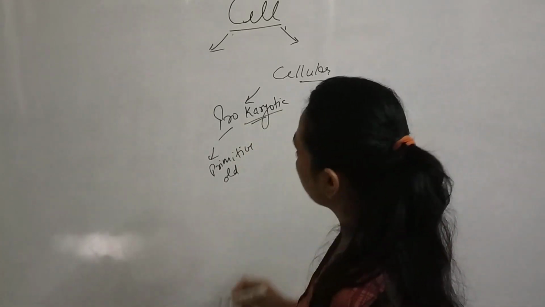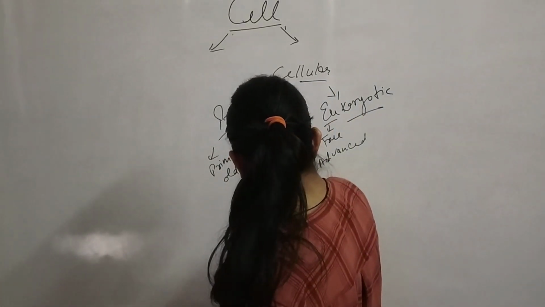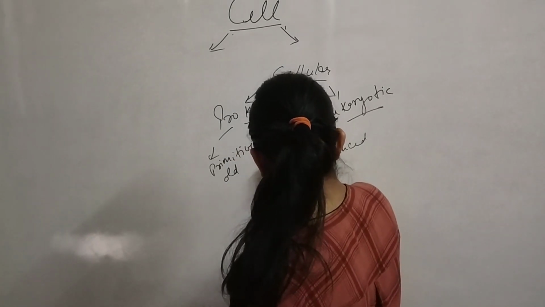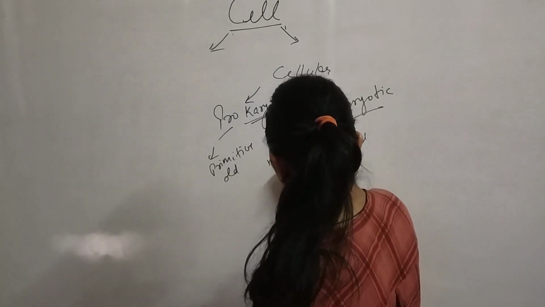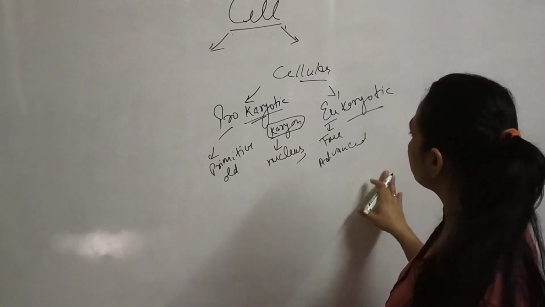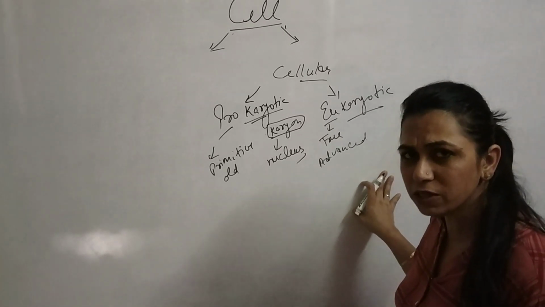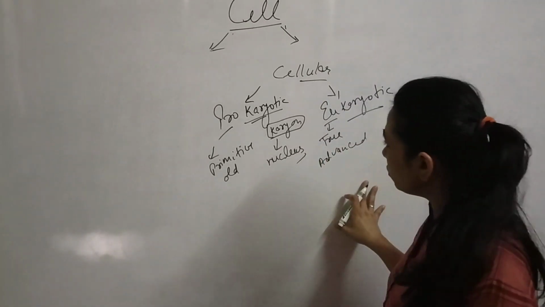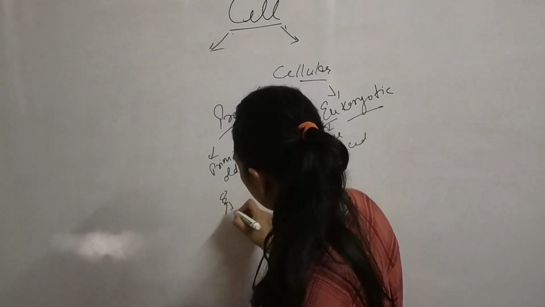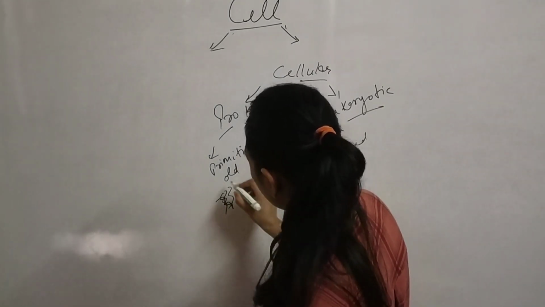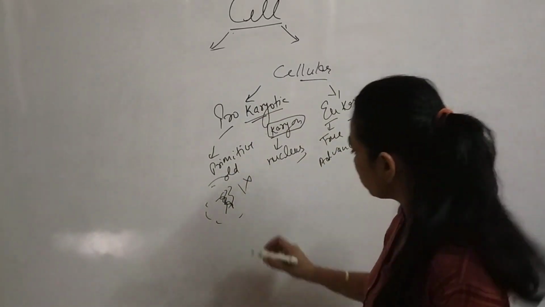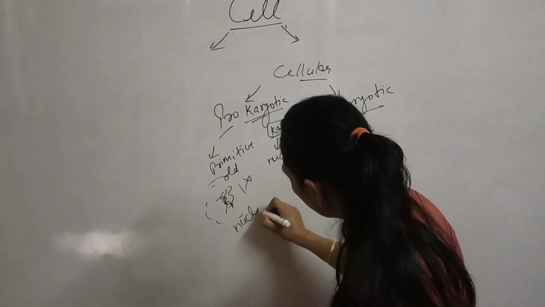The term karyotic came from the word karyon, which means nucleus. So it is a primitive nucleus or old nucleus, and here it is a true or advanced nucleus. What is the difference between a primitive and a true nucleus? In a primitive nucleus, the chromosome material is present as a mass. There is no boundary, so we use the term nucleoid.